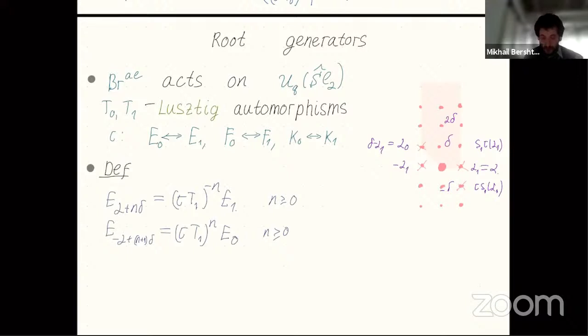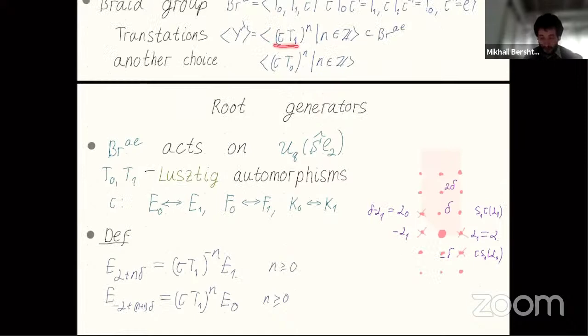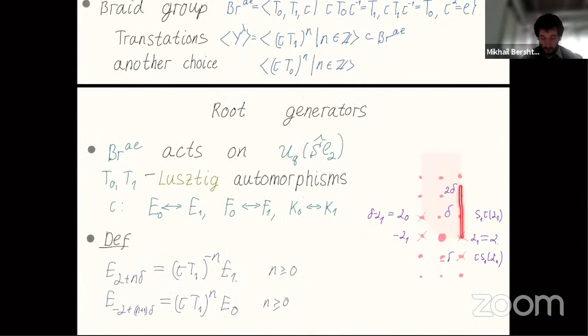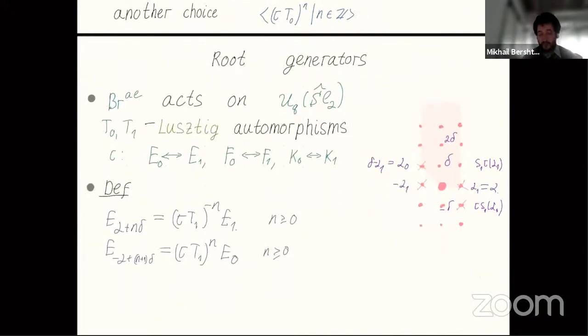What I want to stress here is that I use some choice of the translation generator. I apply the same translation in this column and in this column, so as to have my story somehow consistent.